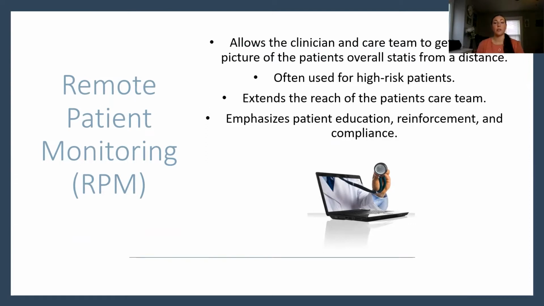This technology is often used for those who are at high risk and truly extends the reach of the patient's care team. RPM technologies typically collect information about physiological characteristics and vital signs, such as weight and blood pressure. A patient who has cardiovascular disease may use a blood pressure cuff that transmits readings to a data repository.